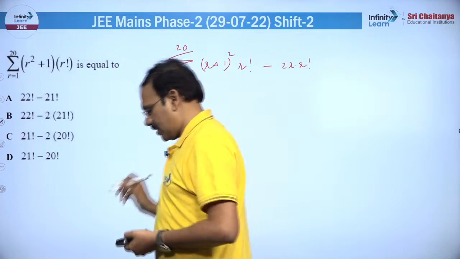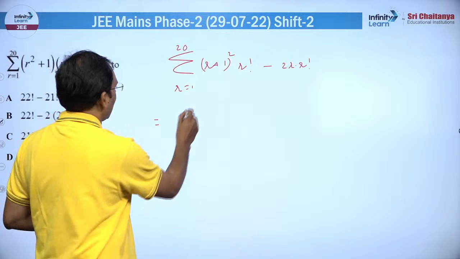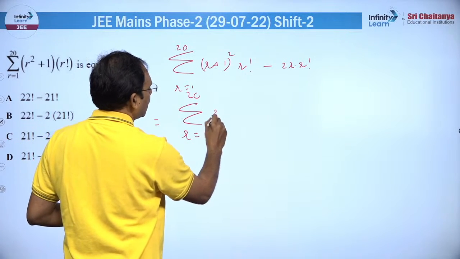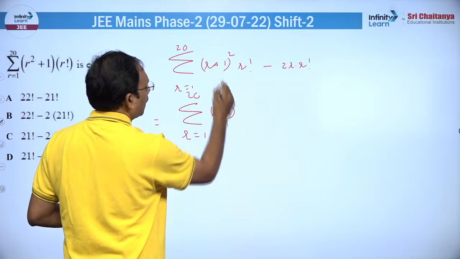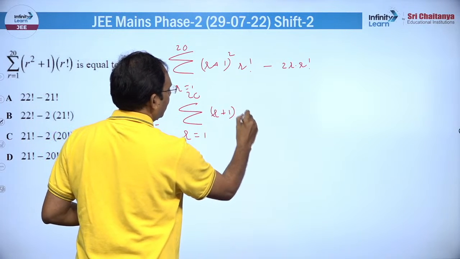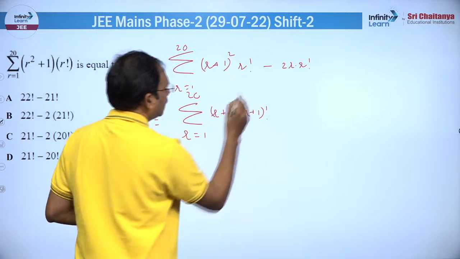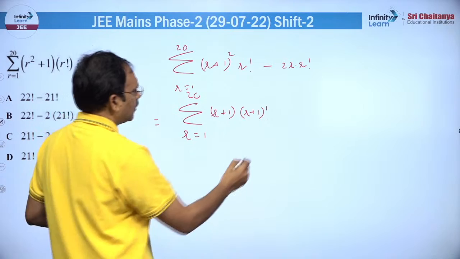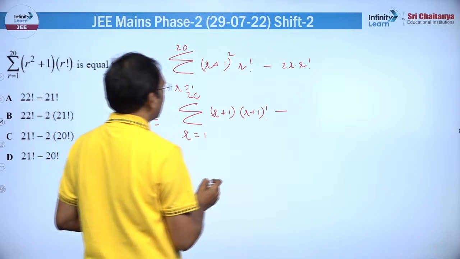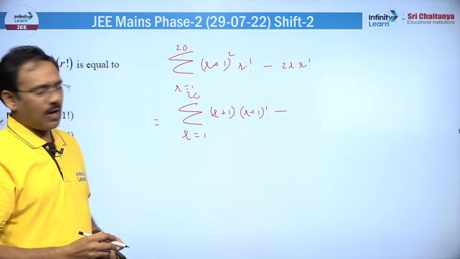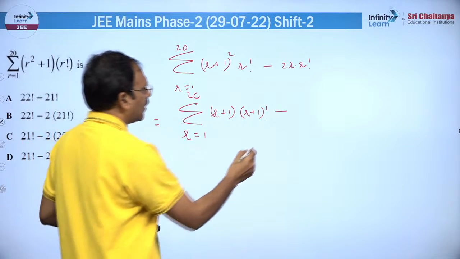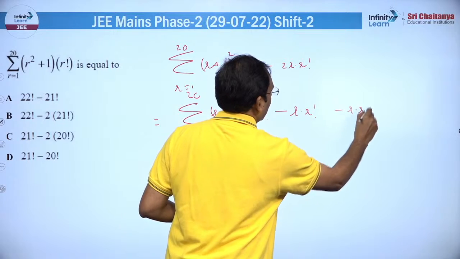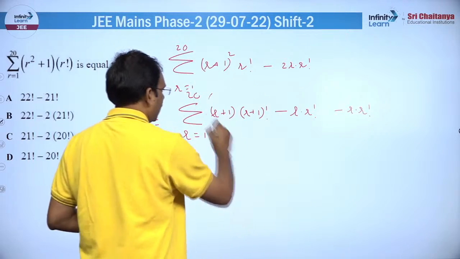Which is, my dear friends, sigma r equals 1 to 20 of (r plus 1) into r factorial, which becomes (r plus 1) factorial, minus 2r into r factorial is left, you can write (r plus 1) into r factorial minus r into r factorial, friends.